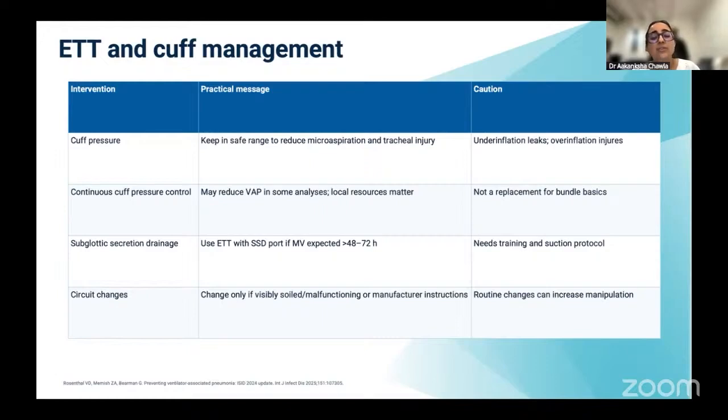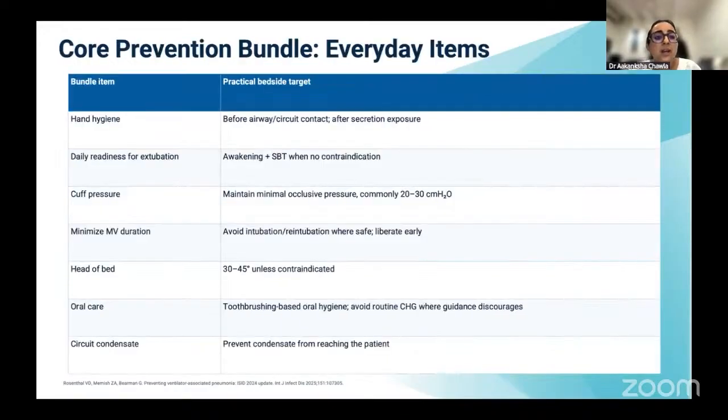Above 30, it would result in mucosal injury, ischemia. So you want to maintain your cuff pressure. And if you are suspecting your patient to be intubated for beyond 48 to 72 hours, use tube with subglottic secretion drainage port, because we use usually those for endotracheal as well as for tracheostomy tubes in our ICUs.